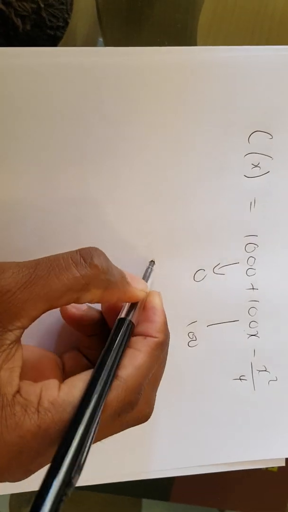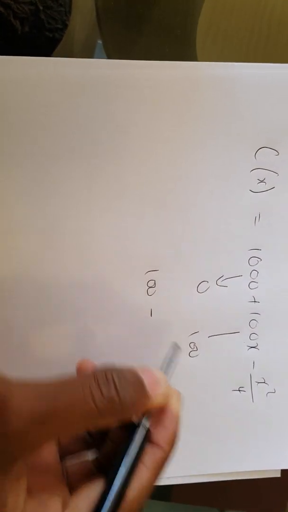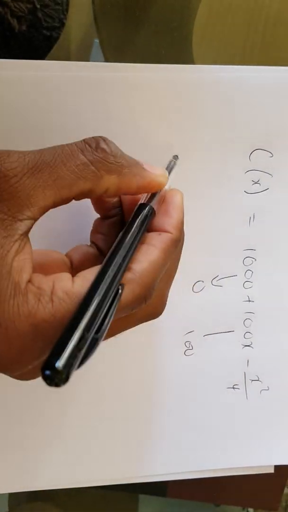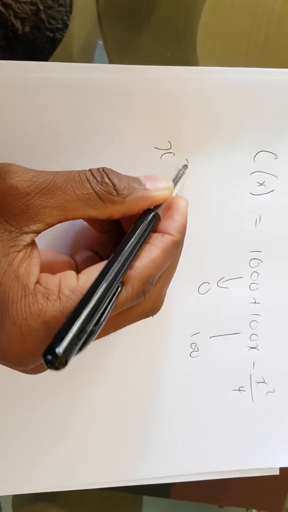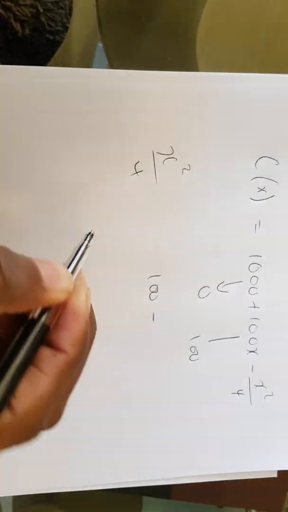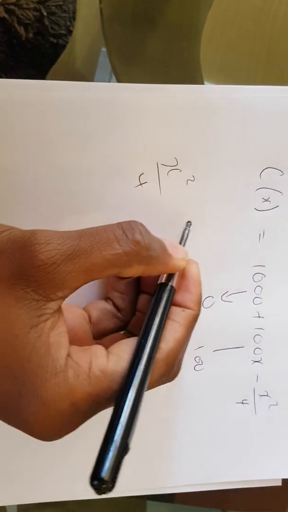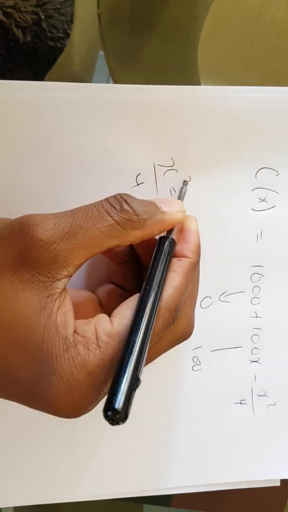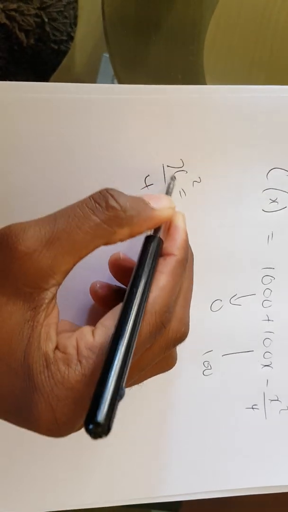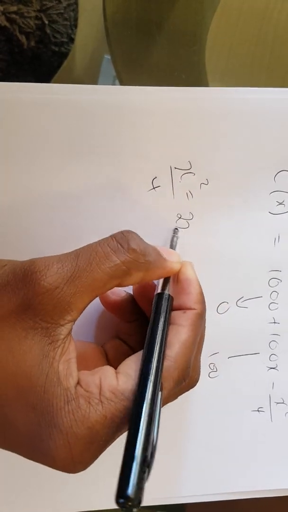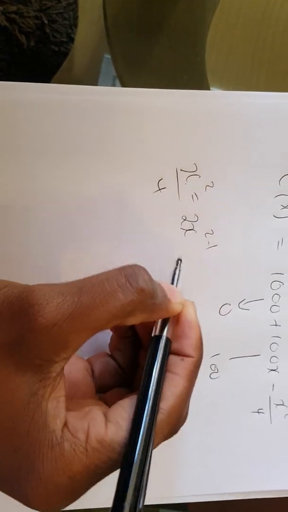And then what about the other one? So it's going to be 100 minus x squared over 4, and then x squared, how do we derive it? This is your n, so your n must multiply x and your n must subtract 1, so it's going to be 2x to the power of 2 minus 1.